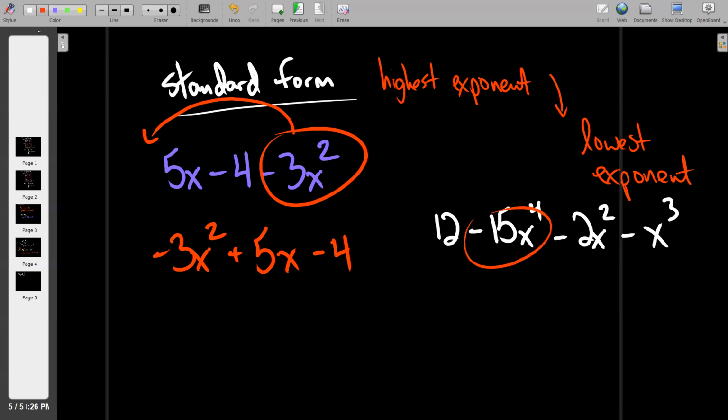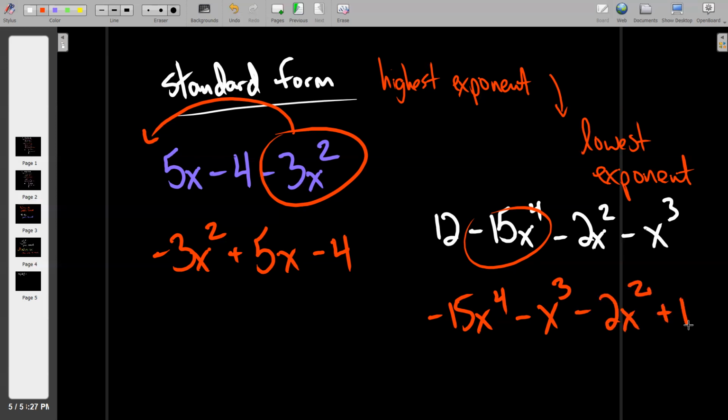Negative 15x to the fourth says, hey, let me hop out in front. No signs changing. All we're doing at this point is just moving things around. We're not even really doing any math. We're just reorganizing. Who's after that? After that, the negative x to the third. And then the negative 2x squared.